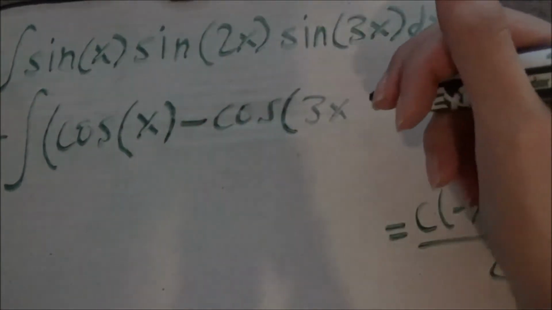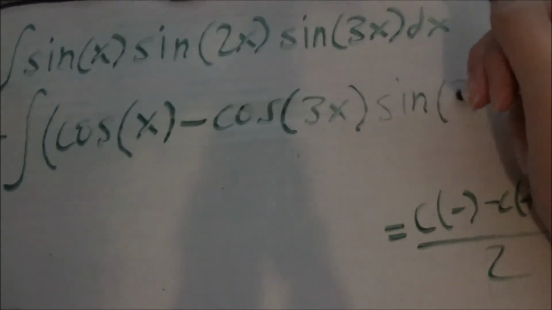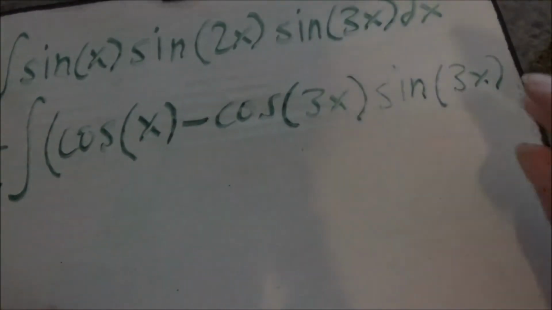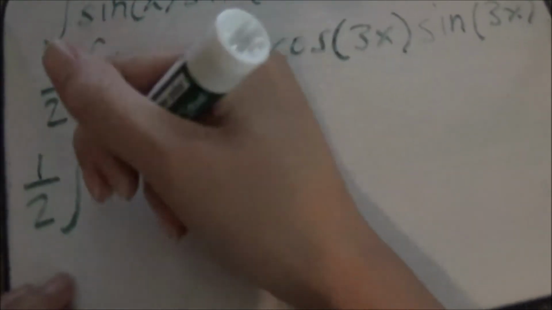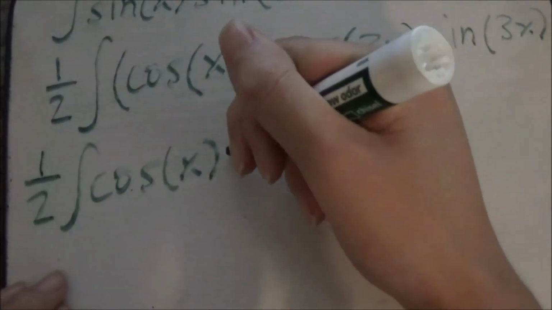That's 3x, because 2x plus x is 3x. This is easy. This is going to be a pain. So a half of cosine x of sine 3x.